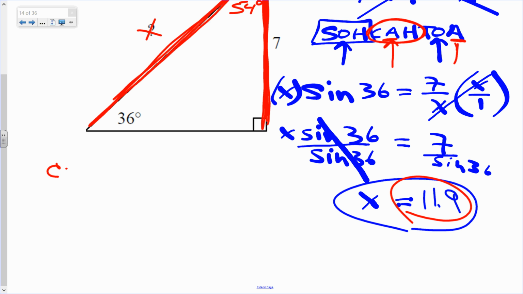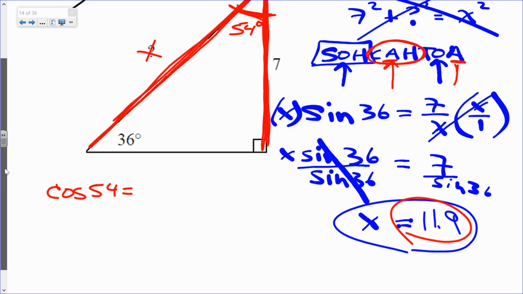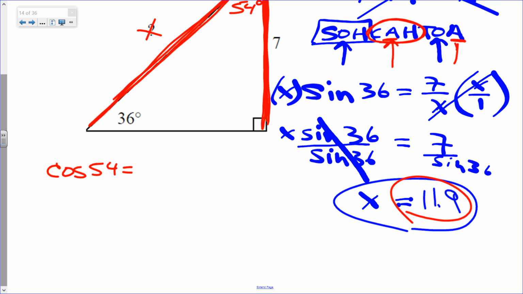So cosine 54 is adjacent over hypotenuse, which would be 7 over x. And now we're back to kind of what this equation was, but we're just dealing with the cosine of a different angle.